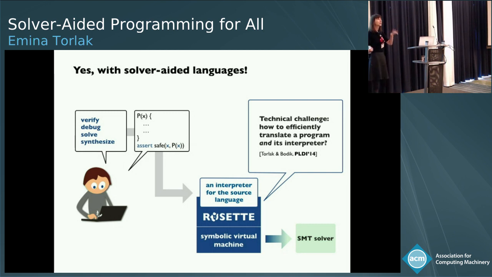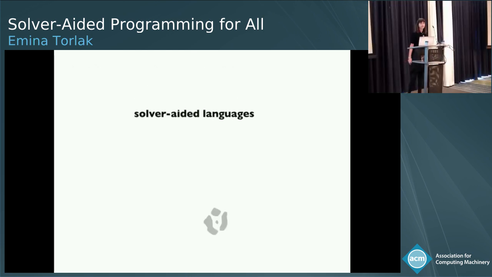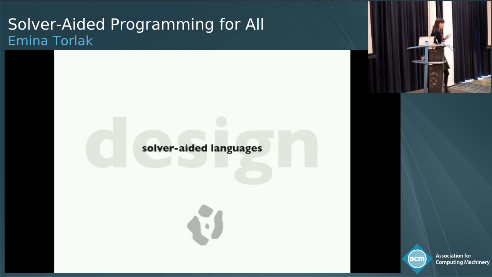And we're going to see somewhere in the middle of the talk how Rosette actually does this. All right, but the first thing that I'm going to do is show you how to use Rosette to build a verifier, a debugger, and a synthesizer for a very simple programming language. And then we're going to see how everything works.